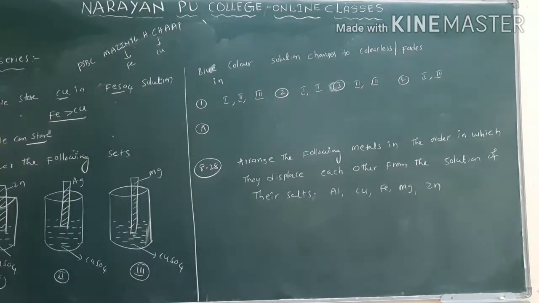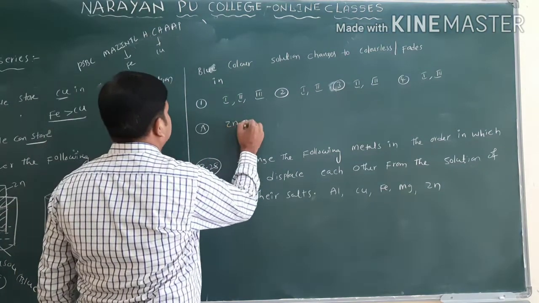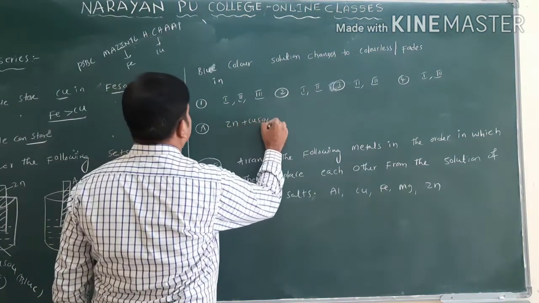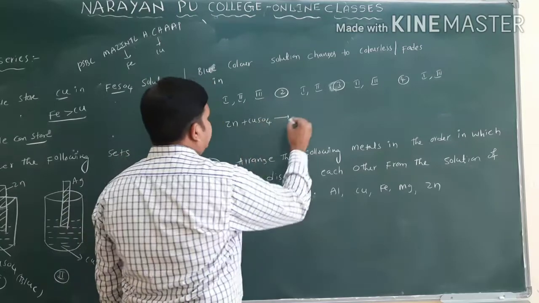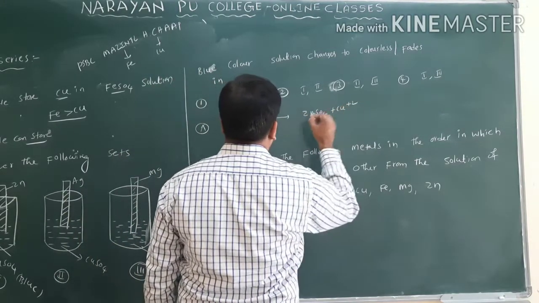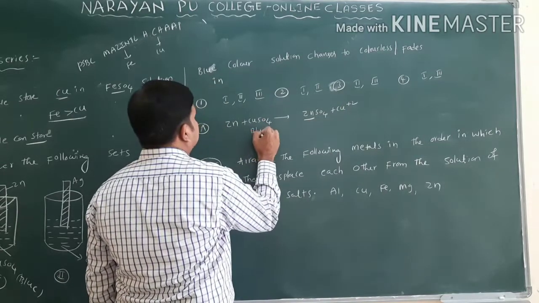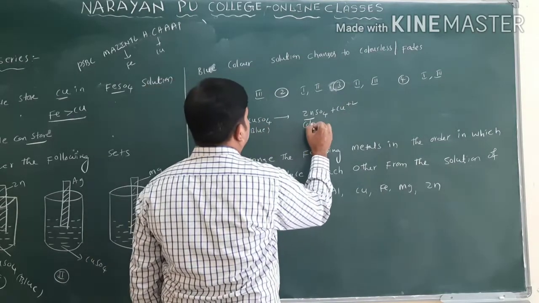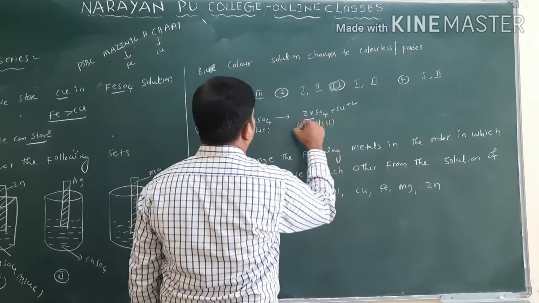Now we'll see the first compartment. What is the color of copper sulfate solution? Blue in color only. In the first compartment, zinc plus copper sulfate, there is a chance to form ZnSO4 plus Cu. Here the blue color changes to colorless. Why?